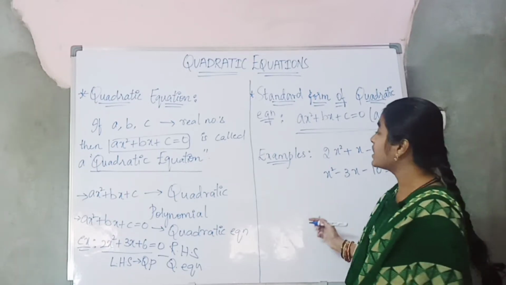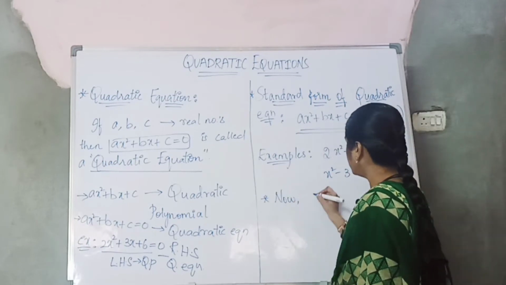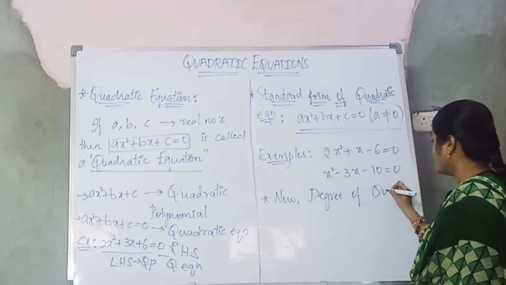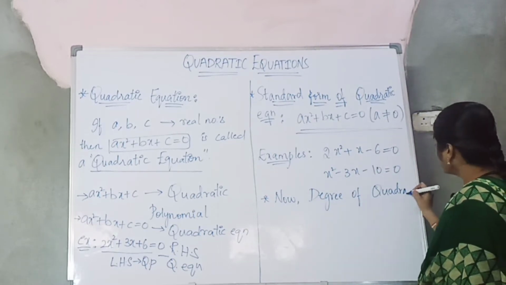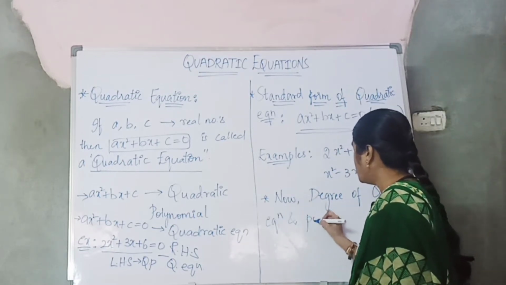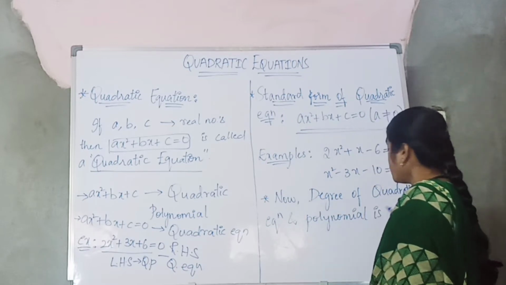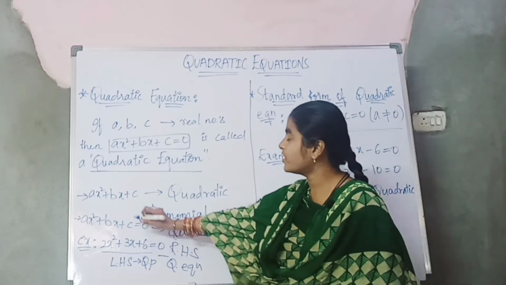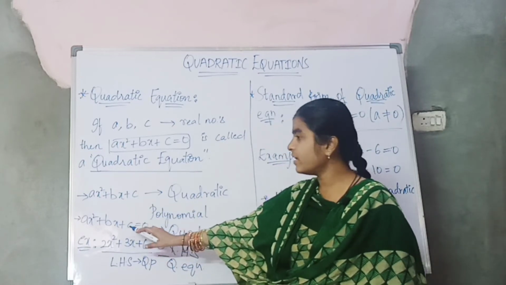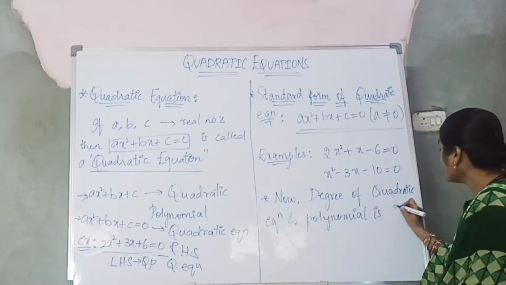Now let us discuss the degree of the quadratic equation and quadratic polynomial. So what is the degree of quadratic equation and polynomial? For polynomial the degree is 2 and for equation also the degree is 2.